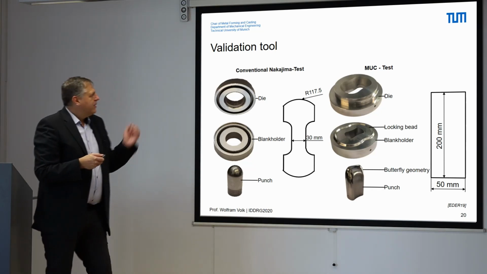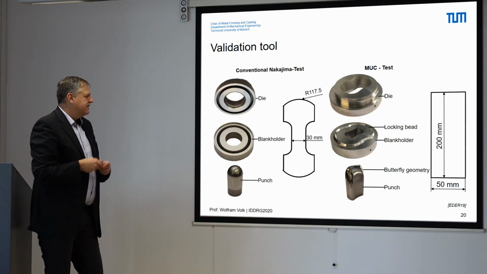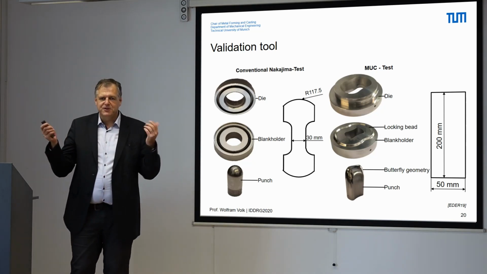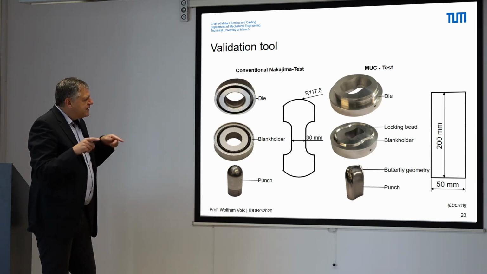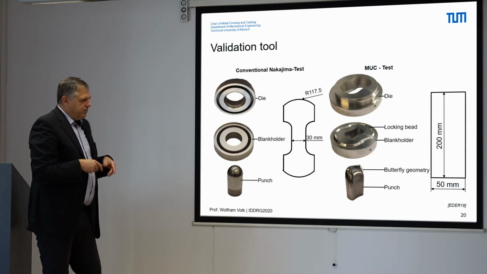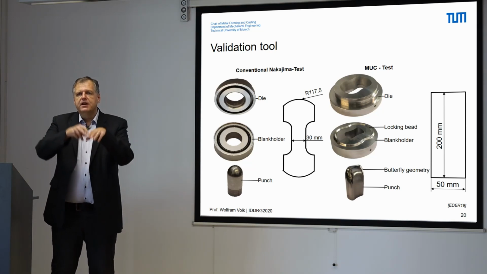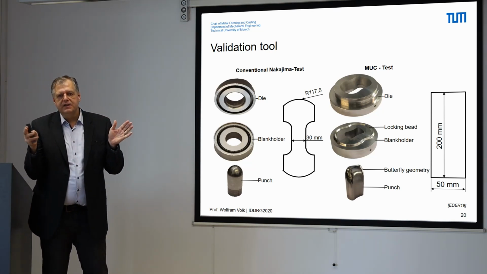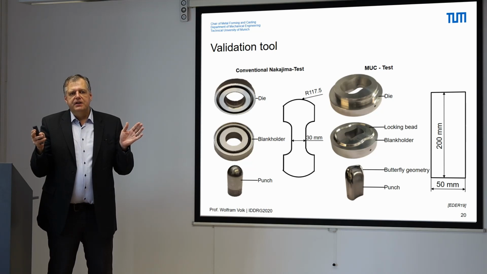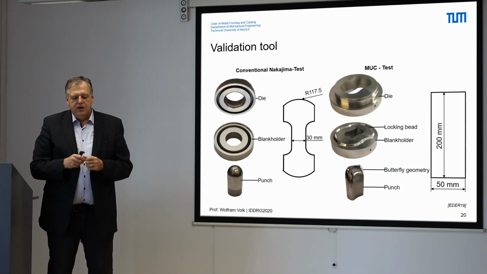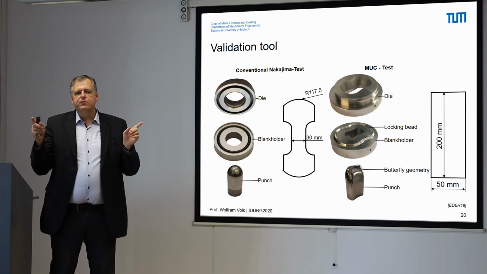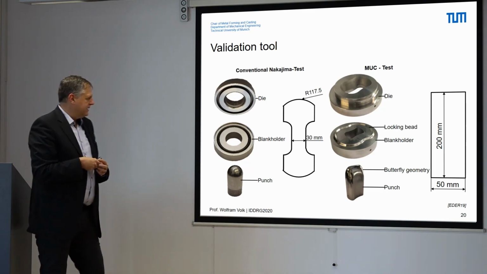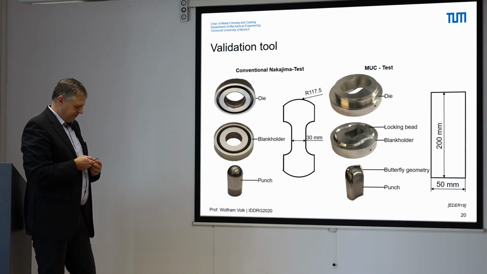We call this the material under control test, MUC, of course a similarity to our city Munich, where we have a really different objective. This tool was designed to have a wide amount of strains and strain distributions, not only one combination, but also a wide range of different strain angles and strain distributions.